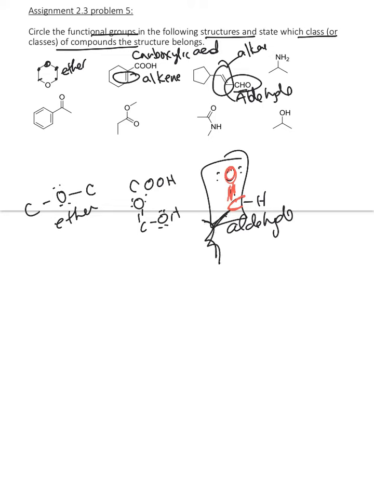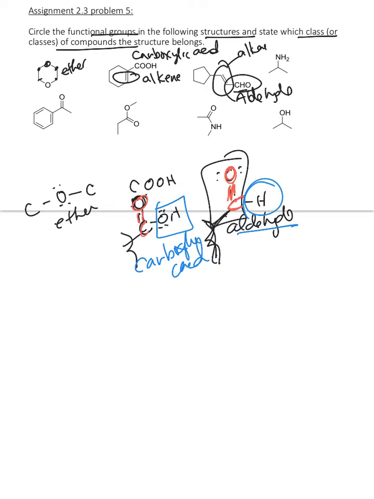And usually it's going to be bonded to whatever the chain is. If it's a hydrogen, it's an aldehyde. Here, once again, we have carbon to the chain. It has a carbonyl, but it's bonded to an OH. The OH makes it a carboxylic acid.